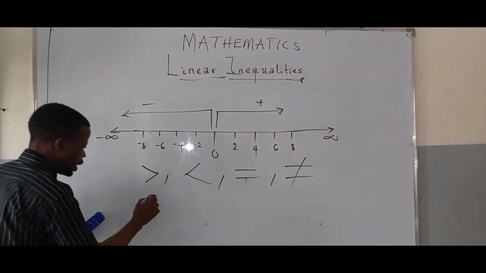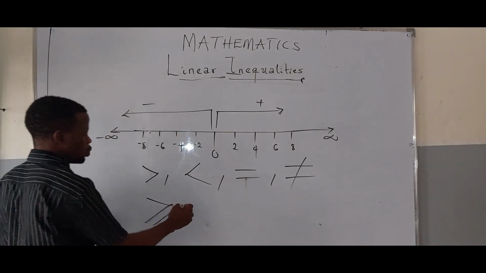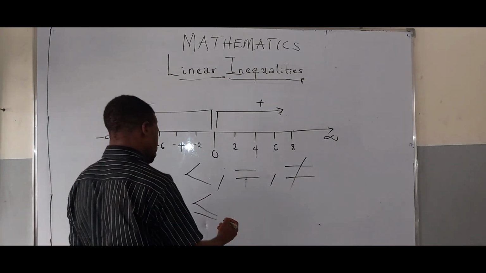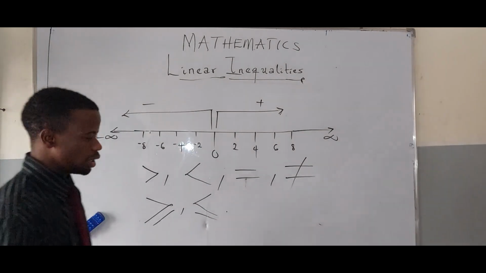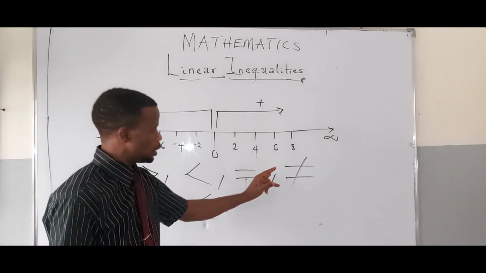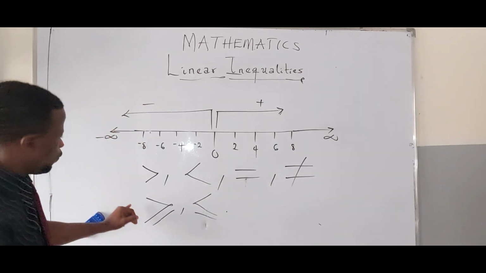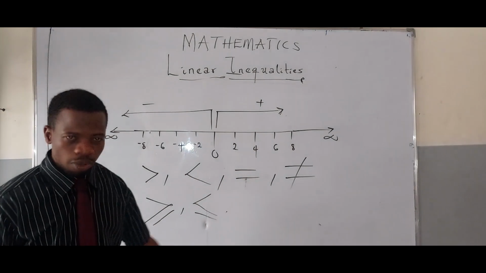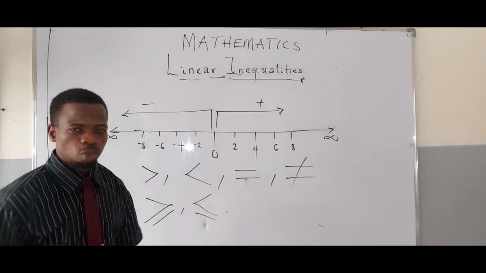Apart from this, we have greater than or equal to, and less than or equal to. Let's say we have 1, 2, 3, 4, 5, 6. We should be able to work with all these symbols.